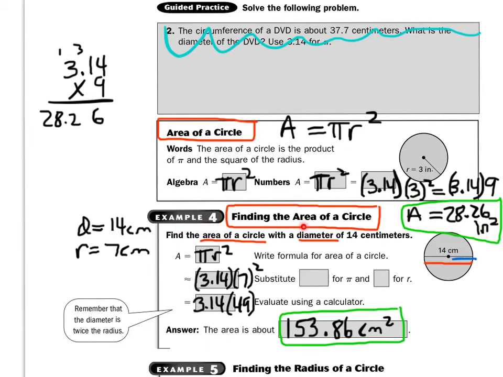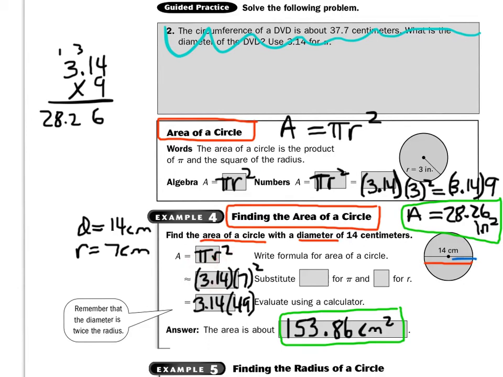Look at example 4, finding the area of a circle. They gave us the diameter of the circle was 14 centimeters. So all the way across was 14 centimeters. So the radius only goes halfway across, which would be 7 centimeters. So that's what I'm going to plug in. Area equals pi times the radius squared.